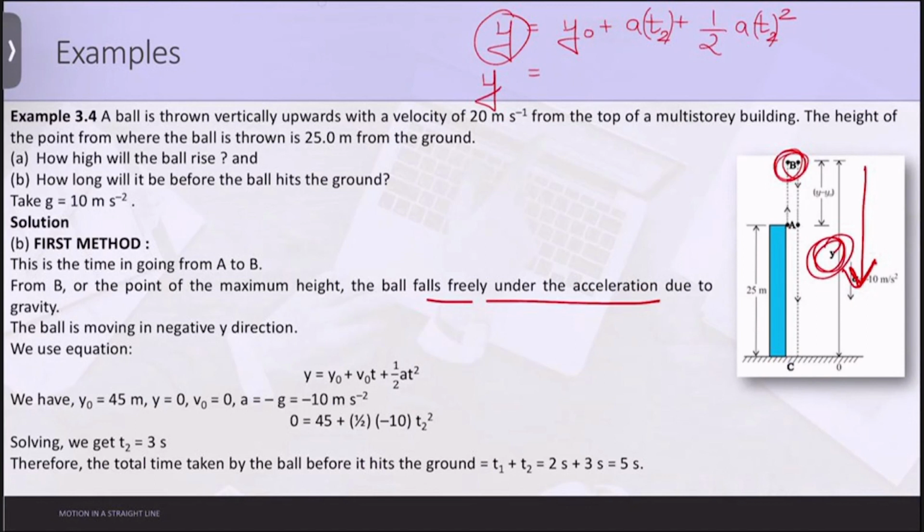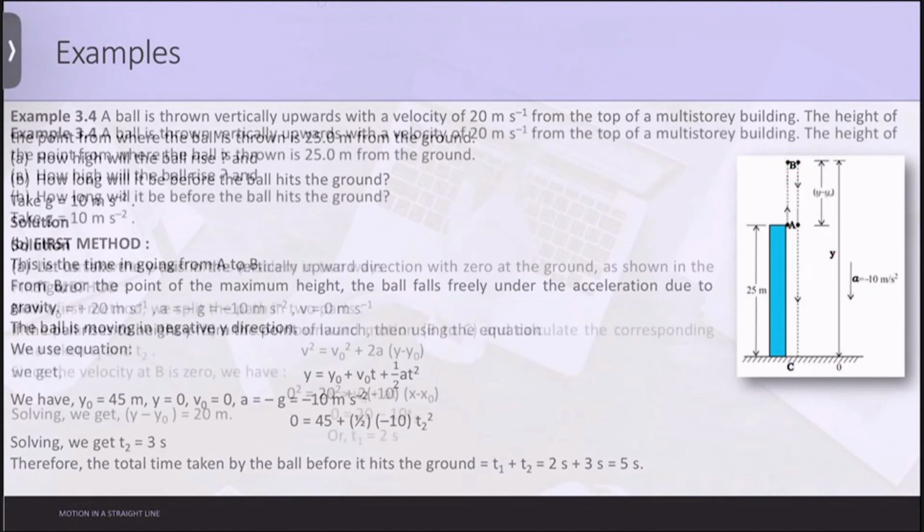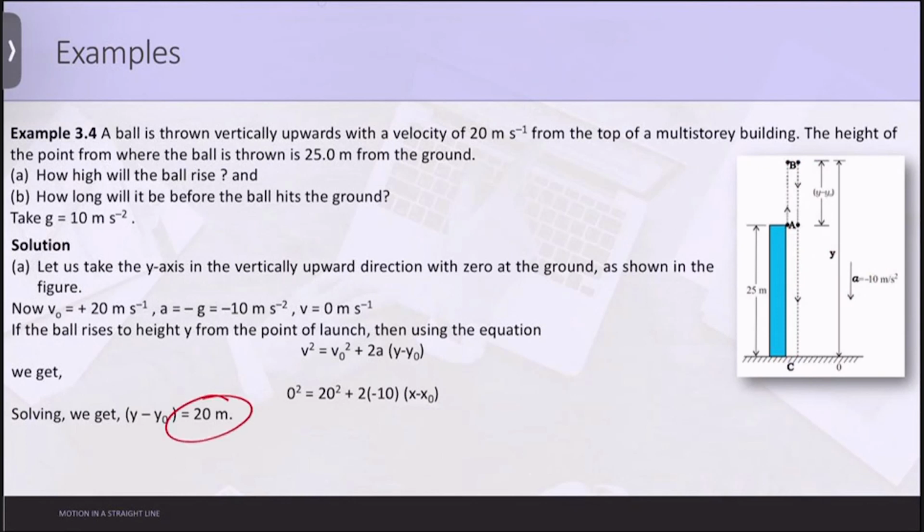Y minus y naught is 20 meters, and y naught is given to you as 25 meters. Therefore, y is 40.